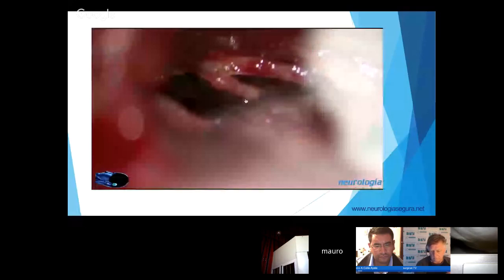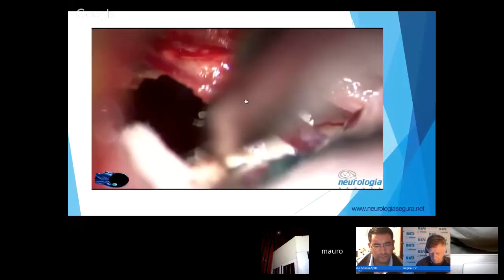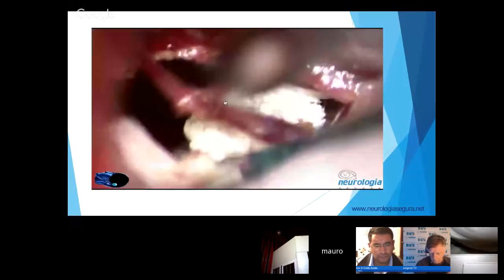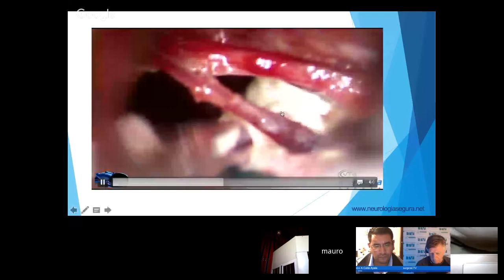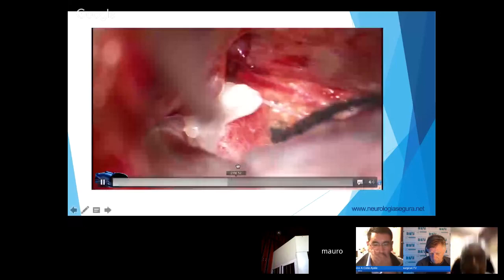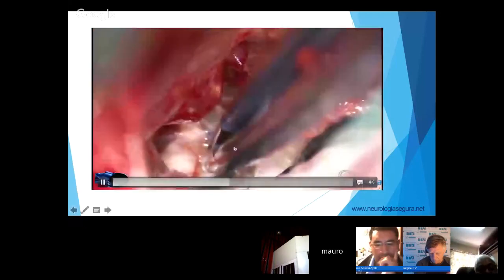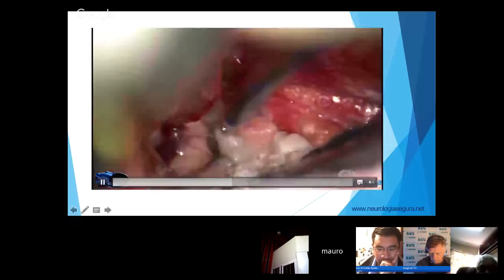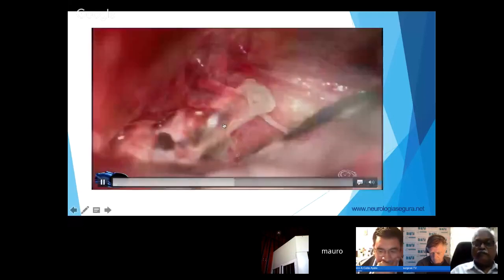Actually, it's very dangerous. I prefer not to use the endoscope unless it is really necessary. Some kind of hemostatic agent. And finally, the last portion of the tumor in the bottom, and the pseudocapsule, which is actually the arachnoid.